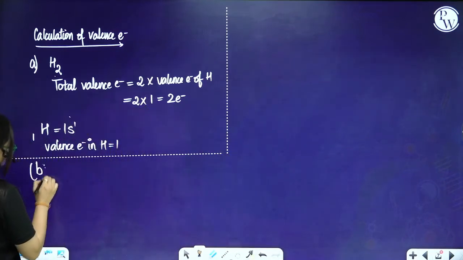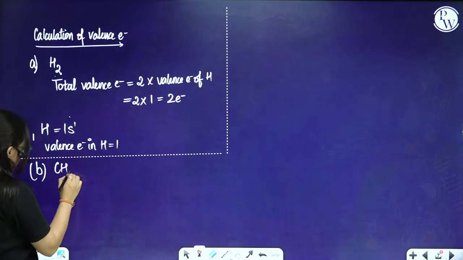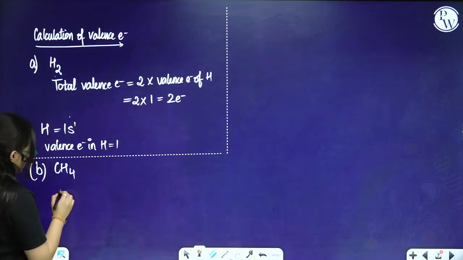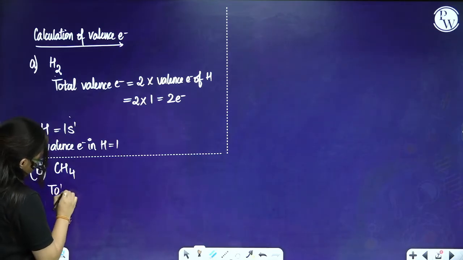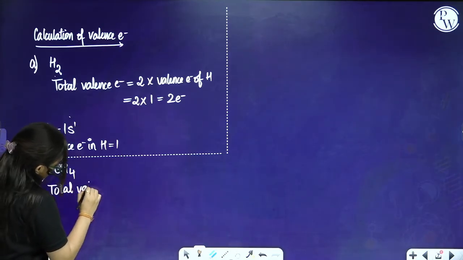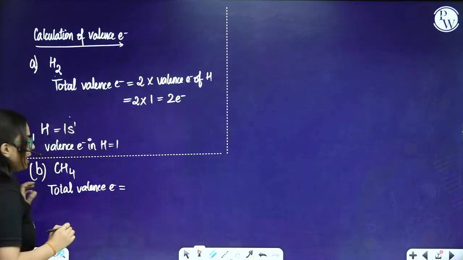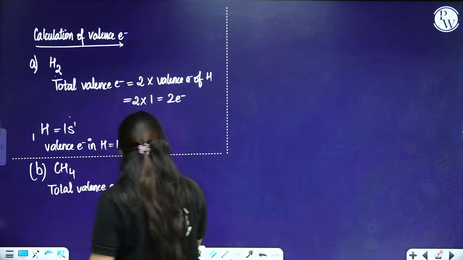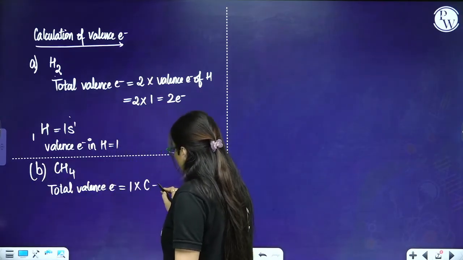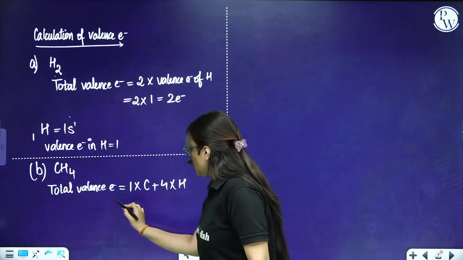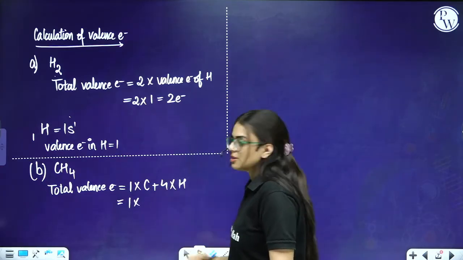That is part B. Let us take the case of CH4 molecule. Now in the case of CH4 molecule, just see. Total valence electrons is equivalent to what? How many carbon? 1. So 1 into carbon valence electrons plus 4 into hydrogen valence electron. How many valence electrons are seen in the case of carbon?